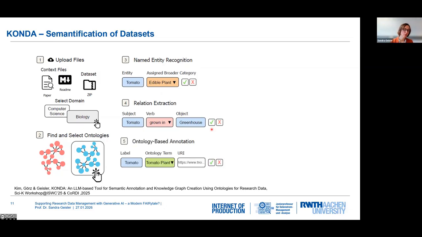And then what we do is we utilize the ontologies to annotate the corresponding entities and relationships we identified and assign the corresponding URI to it, so that we have the concept exactly defined.